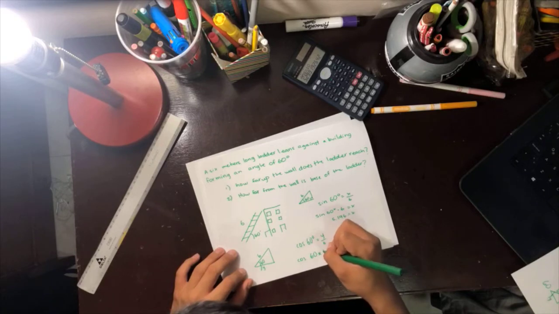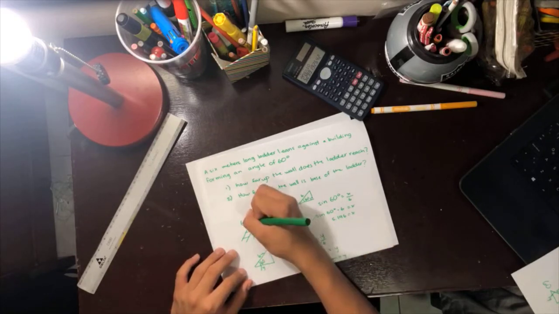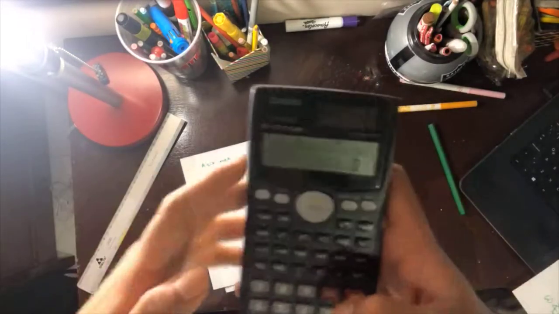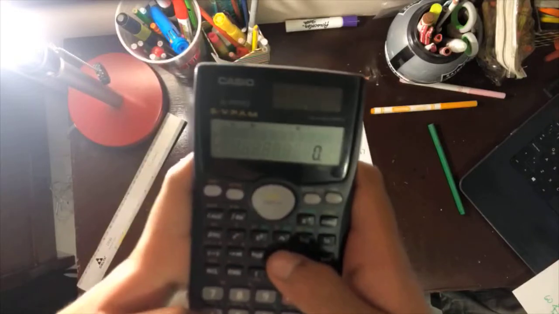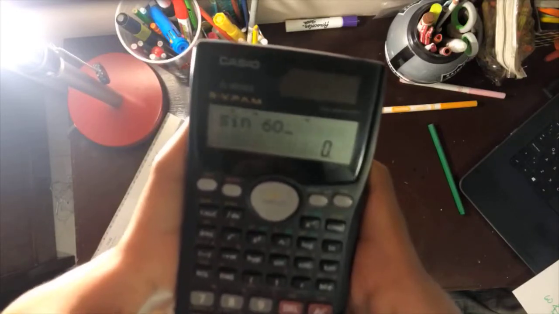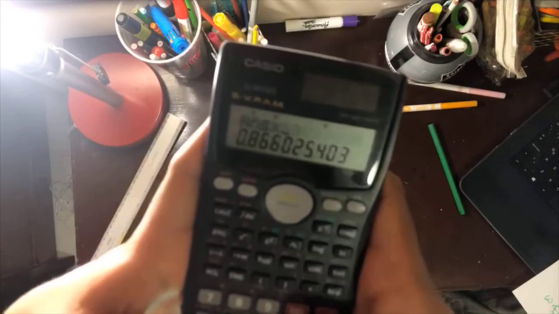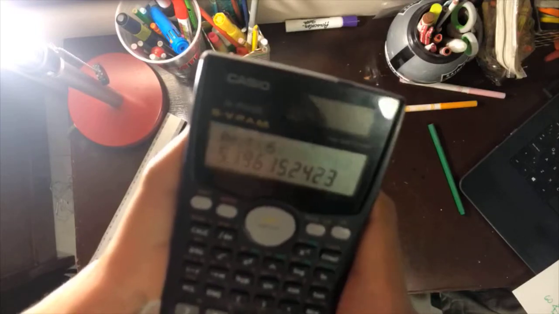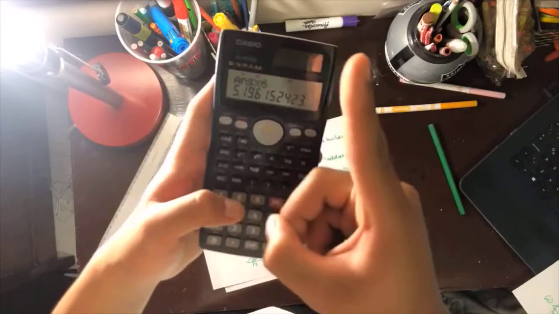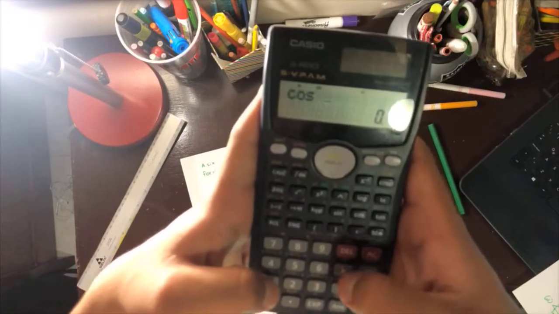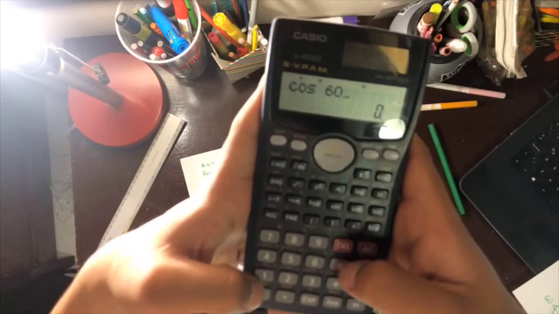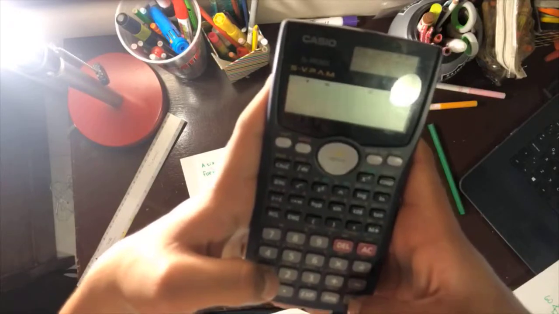So we put the formula like this: cos of 60 equals y over 6. Then we multiply 6 times cos of 60 to know the value of y, and the value of y is equal to 3 meters. Then you verify if it's correct in your calculator, your first answer, and also you can calculate and verify your second answer. And that will be all.